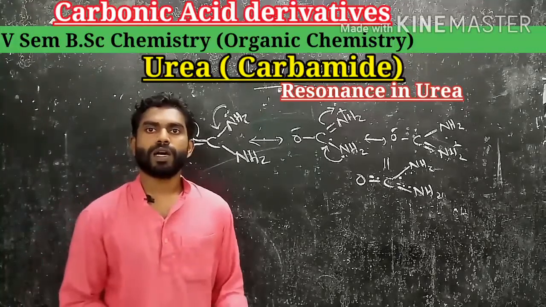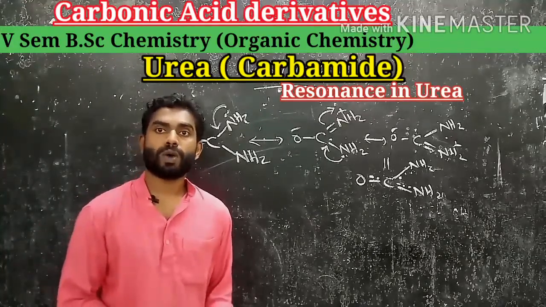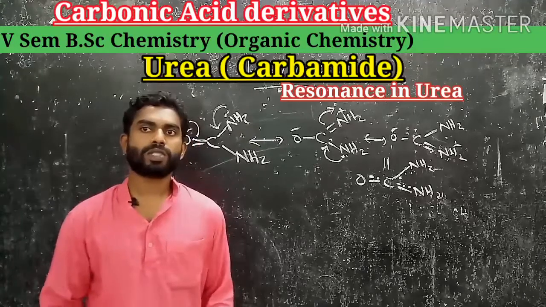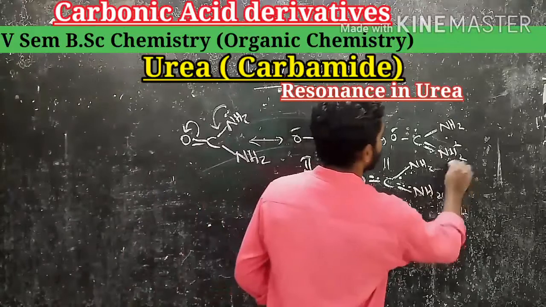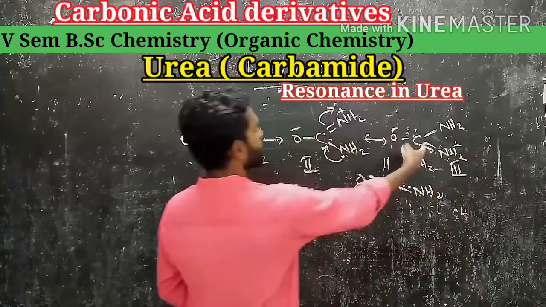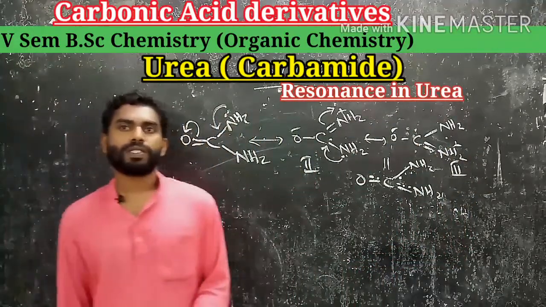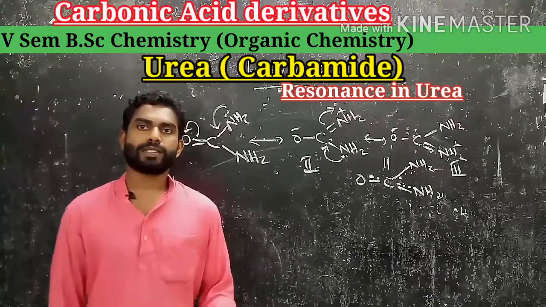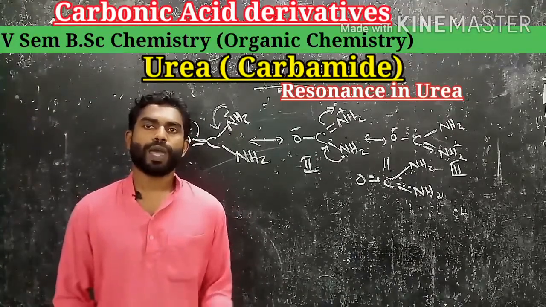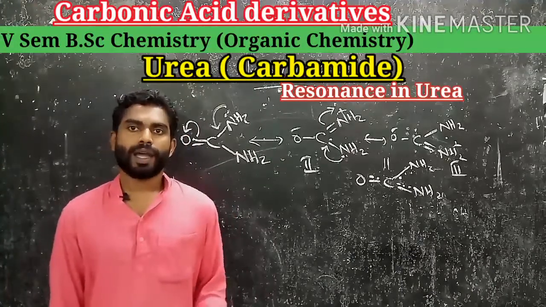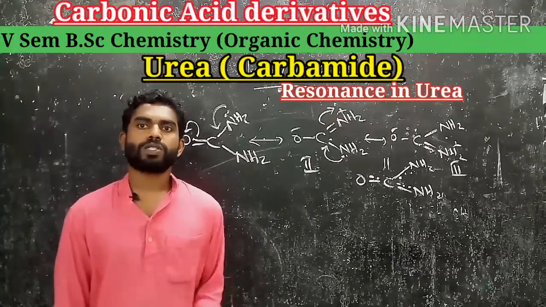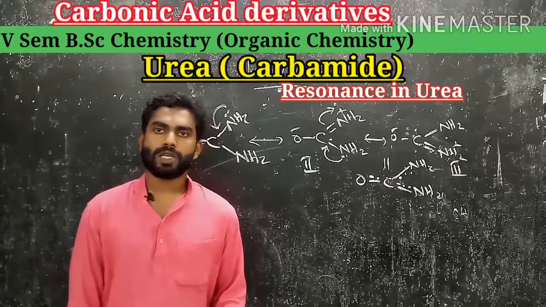The presence of a negative charge on the oxygen atom in structures 2 and 3 facilitates the acceptance of a single proton, causing urea to behave as a monoacidic base. The cation thus formed is stabilized by resonance as shown below.